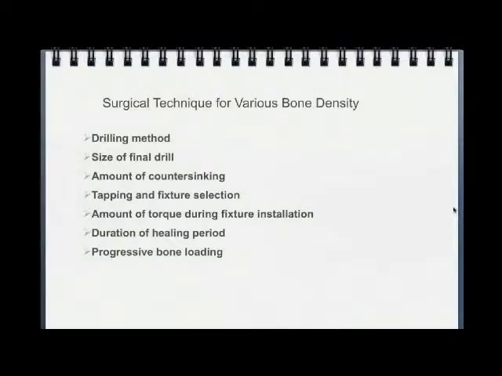And that would be determined at the time of the fixture installation. And of course, we will determine the duration of the healing period, if it's going to be immediate or delayed. And at the latest time, we will figure out if this has to be a progressive bone loading.